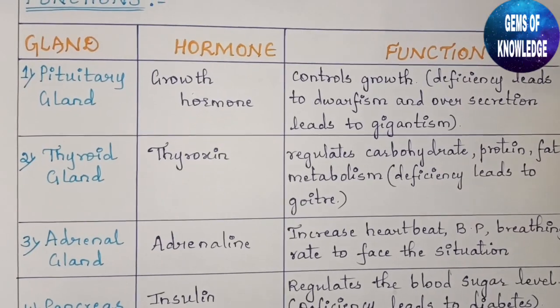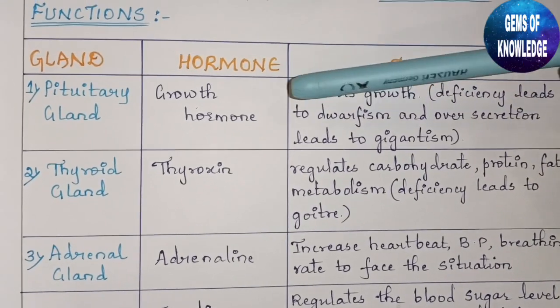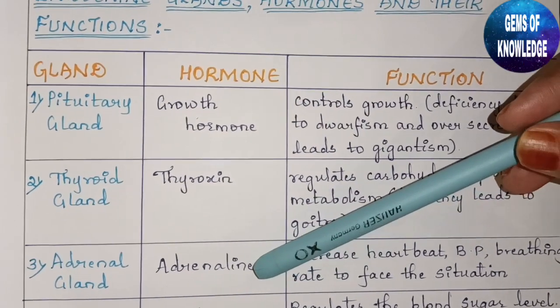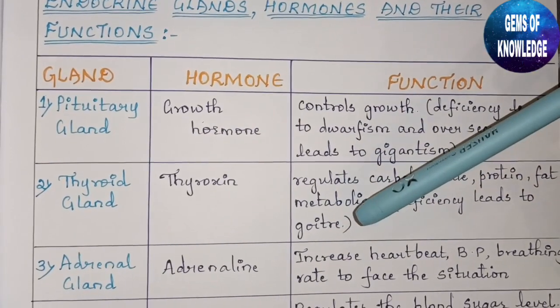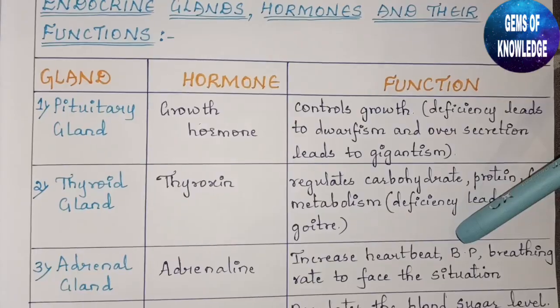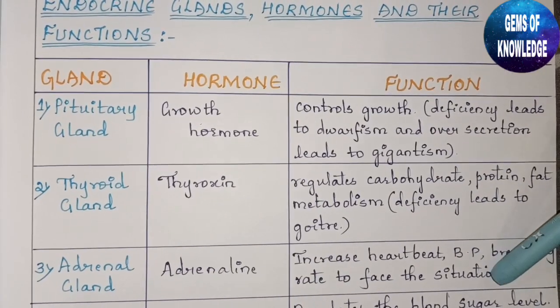Third one is the adrenal gland. The hormone it produces is adrenaline, and its function is to increase heartbeat, blood pressure, and breathing rate to face the situation.